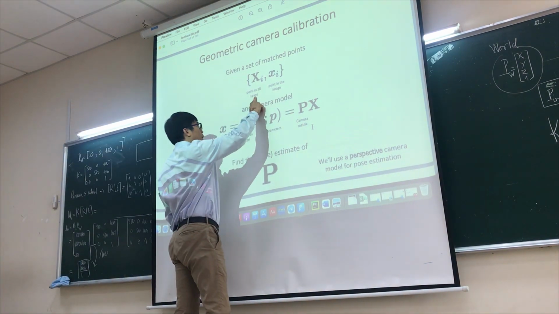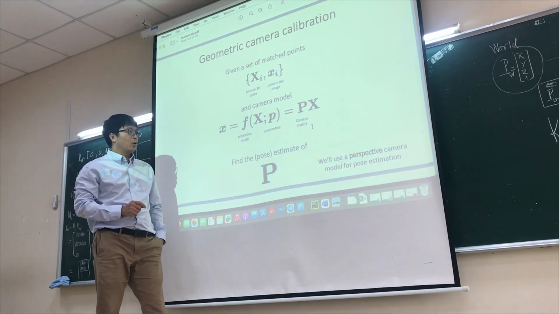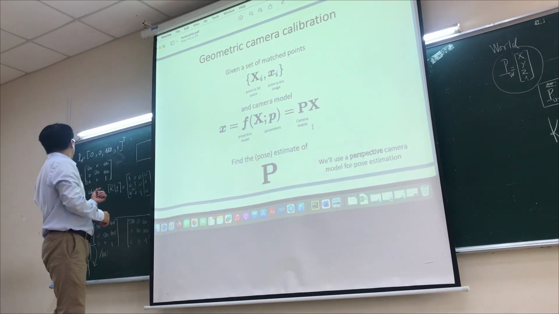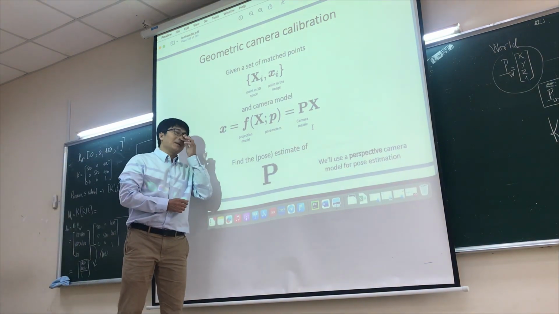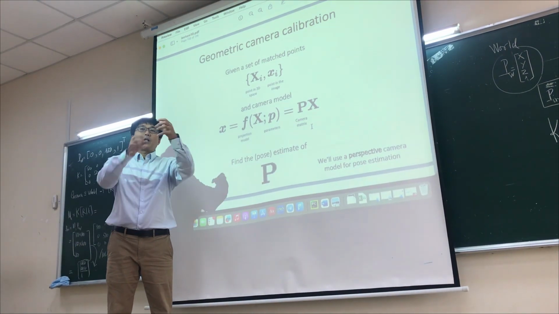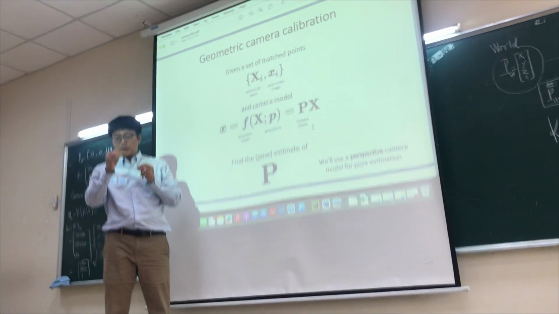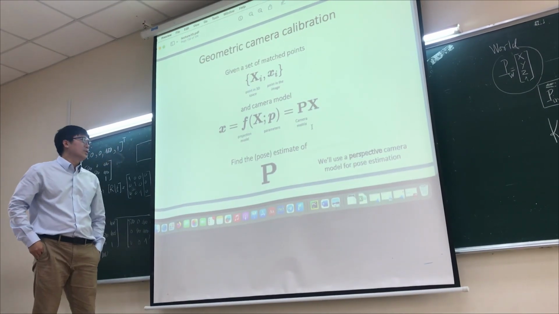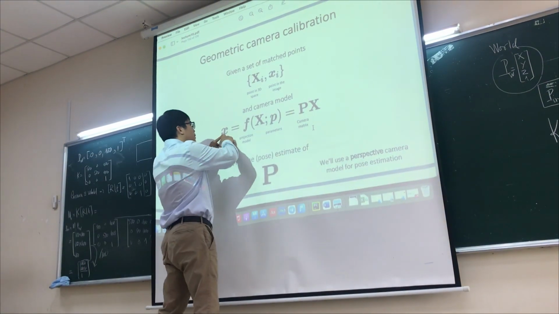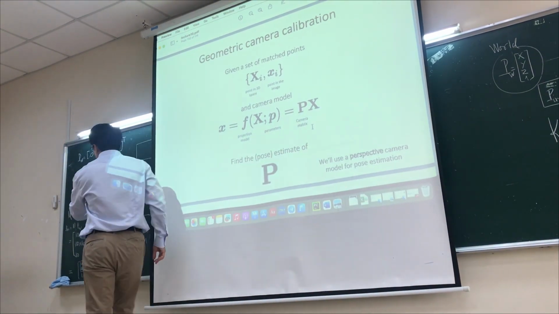So in the world and in the image, it looks like big P and small p. What does i mean? We have a lot of points, so we count i equal to 1, 2, 3, and so on. And you have the relation s equal to B times P, this is P.